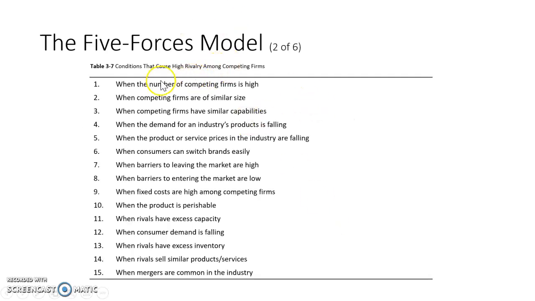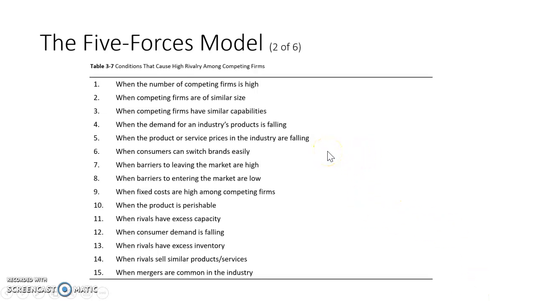All right. So some conditions that cause high rivalry: high number of competing firms, when competing firms are of similar size, when competing firms have similar capabilities, when demand for an industry's products is falling, when products or services prices are falling, when consumers can easily switch brands, when barriers to leave the market are high, when barriers to enter the market are low.